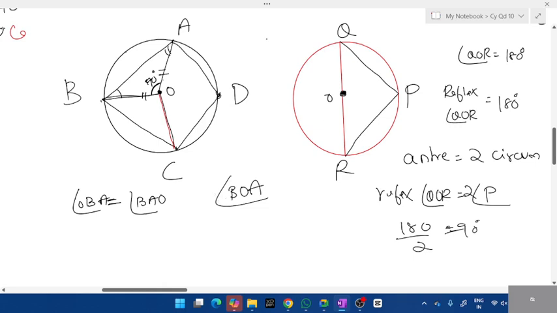So whenever the center is given, there are three ways, students. One, you can find angles at the center and circumference using the theorem. The second is you just connect a line from O to P or O to B. Look at OP and OB. All these three are radii, so all three will be equal. If it is 5 centimeters, OP will be 5, OQ also will be 5.